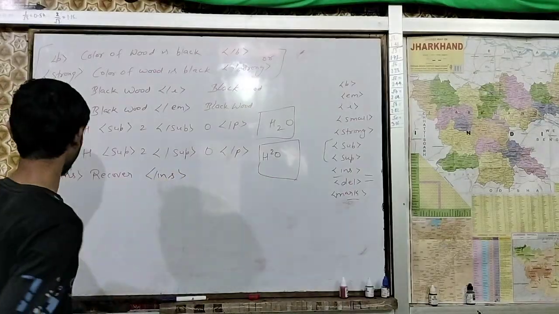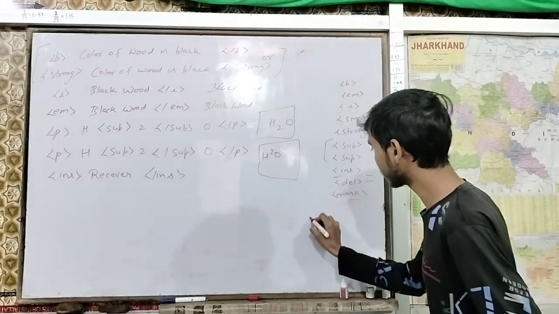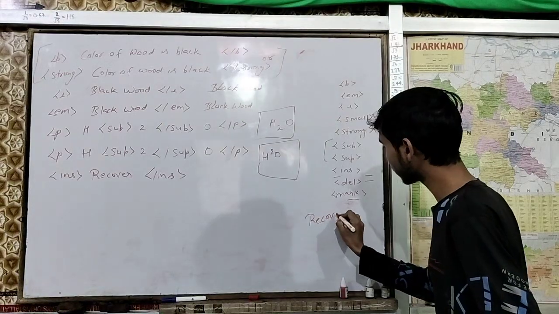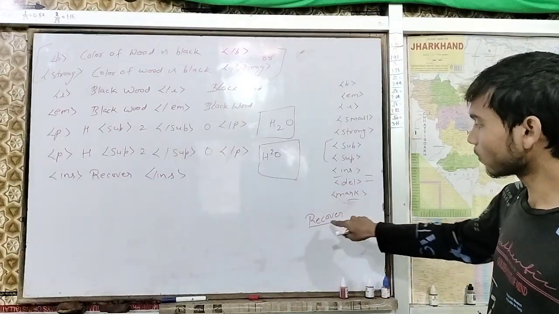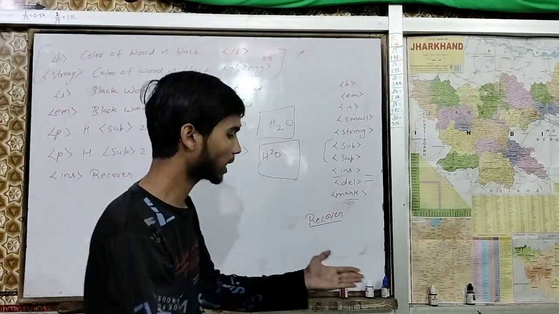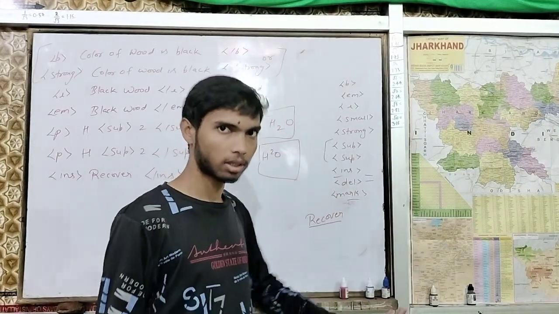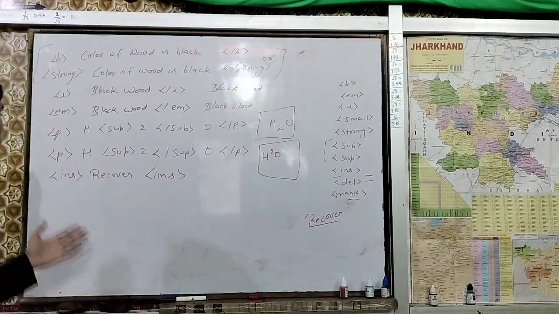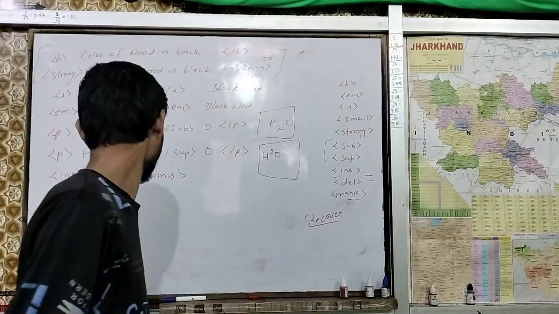This is the ending tag. So recover will be written like that, and this line will come downward of this recover word. So insert means inserting a line which should be downward of our text. This is the meaning of this tag, which is INS.